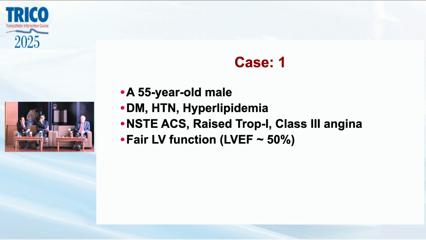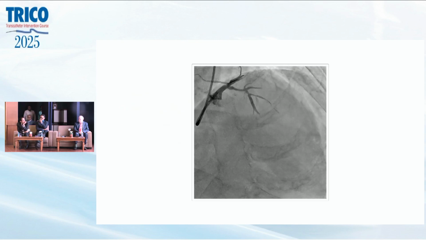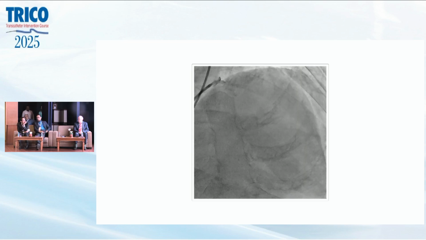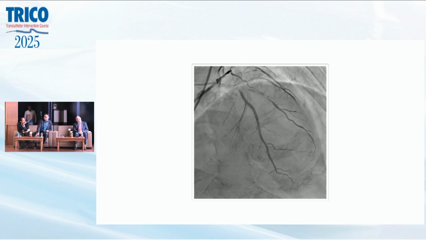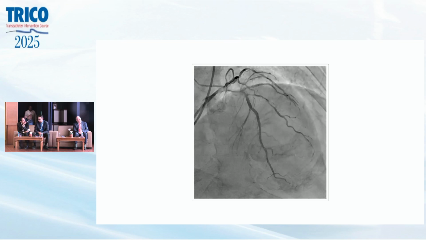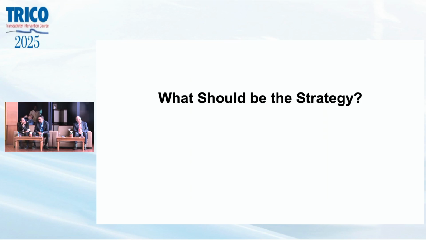This was a live case in another country where I was the operator as well as interpreter and commentator. And this was the picture: a heavily calcified type C proximal LAD lesion, a couple of big branches, diagonals coming out. What should be the strategy?